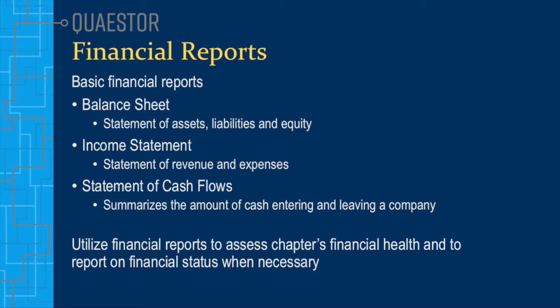Utilize the chapter's financial reports to make assessments of the chapter's financial health for selected periods of time and to present the chapter's financial status to the financial committee, the chapter, or the general fraternity when required.